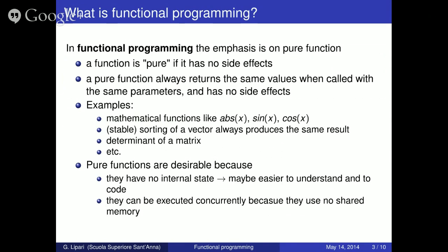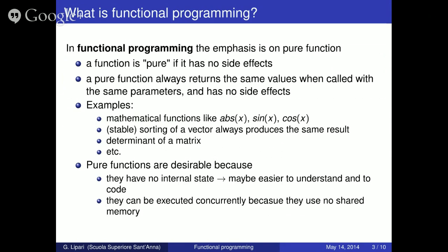So in object-oriented programming, the emphasis is on hiding the state behind an interface and using the interface for modifying the state. The emphasis of functional programming instead is on not using any state at all, but just using functions that compute partial results and combining these partial results to obtain the final result.